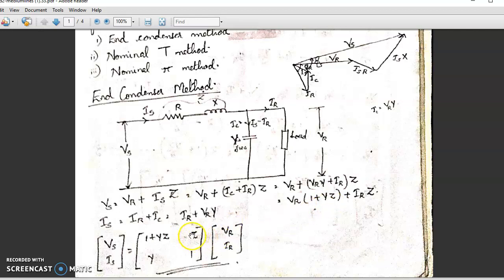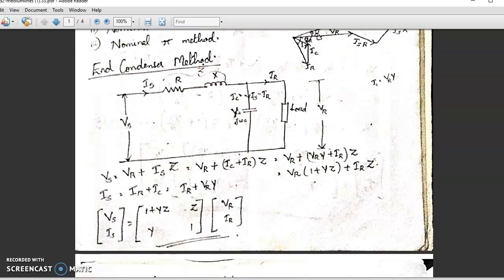Then the coefficient of Ir, that is Z. Then for the equation for Is, the coefficient of Vr is Y, and the coefficient of Ir is 1. So we have represented the medium transmission line using the end condenser method as a two-port network.